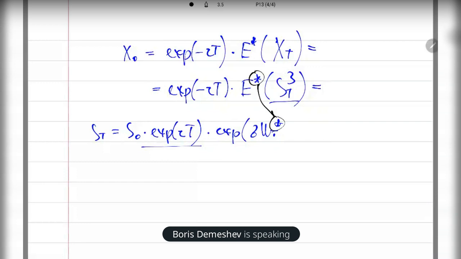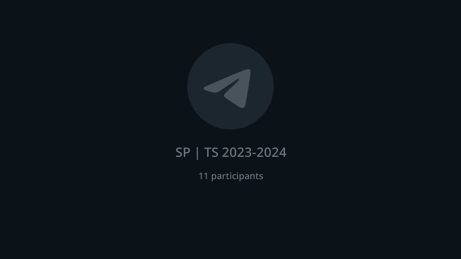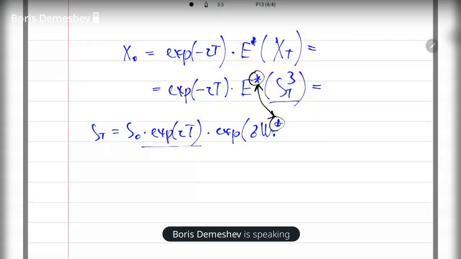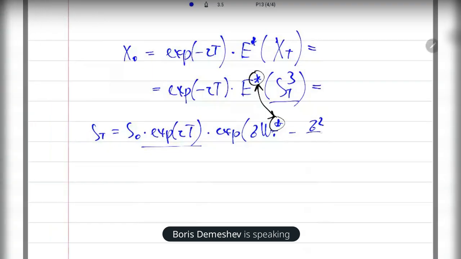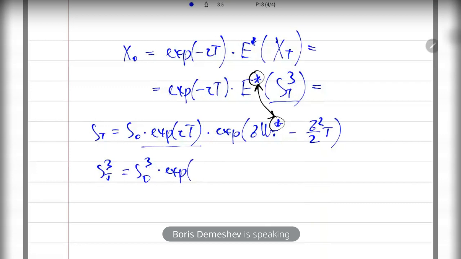So to simplify calculations, I should match the Wiener process under P star, to make it really a Wiener process. And bingo, that's almost all I need. Okay, ST cube is S0 cube. I hope you understand that in the exponent we just multiply by 3 when we take the cube.